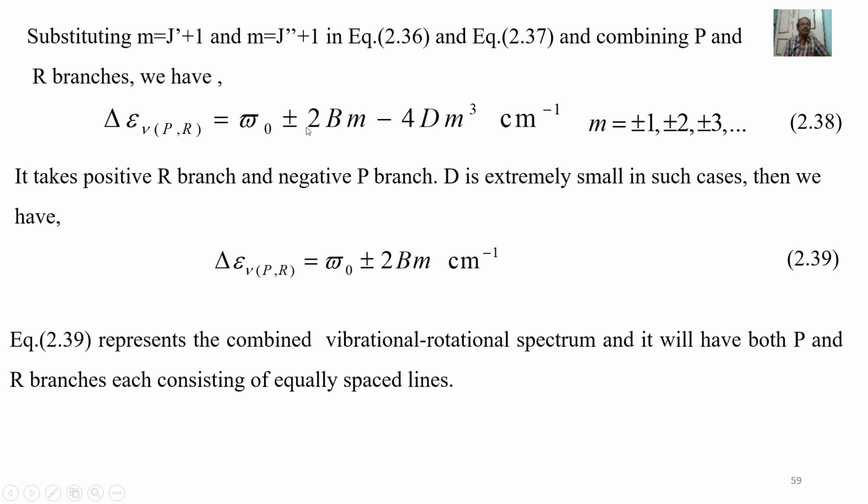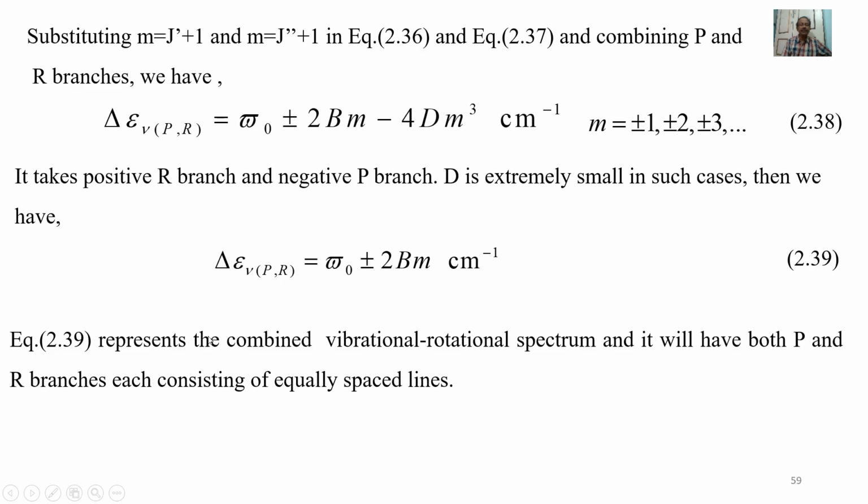It takes positive for R branch and negative for P branch. Suppose we consider D to be very, very small. Then we can have this expression, the change in wave number, which belongs to both P branch and R branch, equal to omega naught plus or minus 2bm centimeter power minus 1.